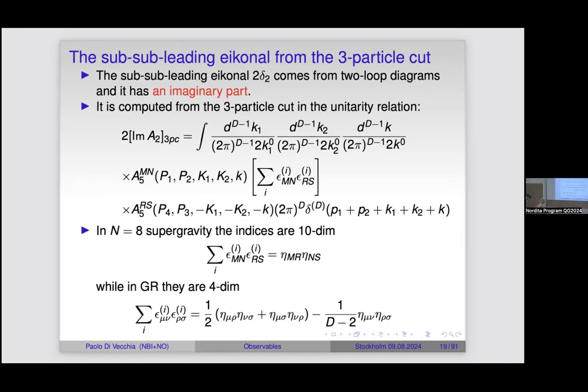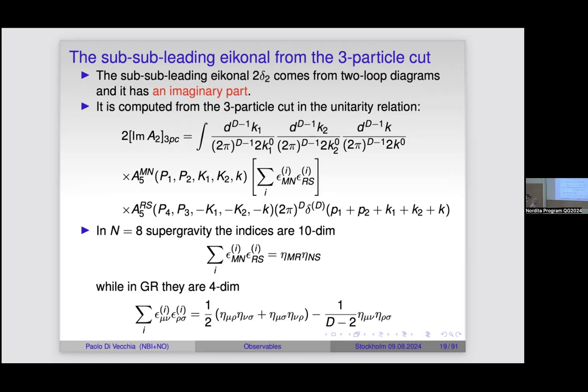I will show you that we can extract the next-to-next-to-leading eikonal at two loops from the three-particle cut plus real analysis. The subleading eikonal comes from the two-loop diagram as an imaginary part.